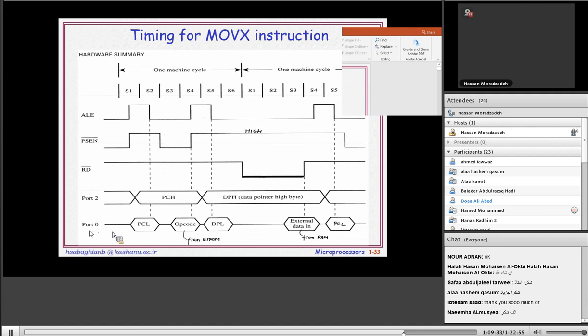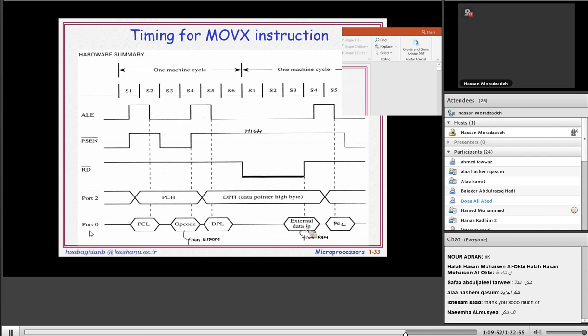Okay. Here we said, for example, for this instruction move x, in this time we have a fetching cycle, and in this time we have a reading cycle.